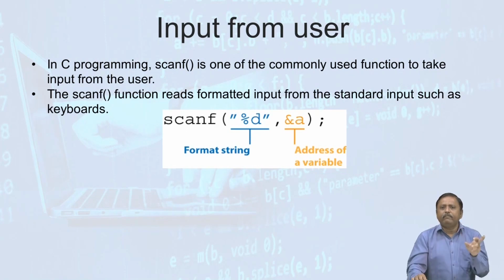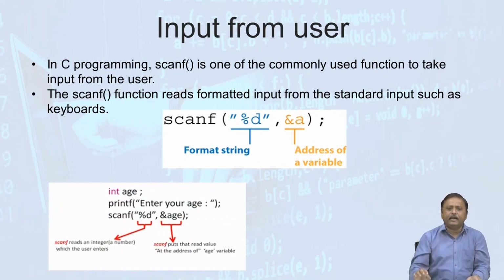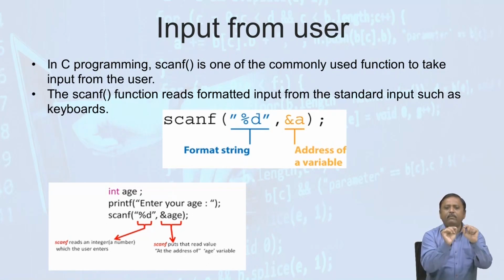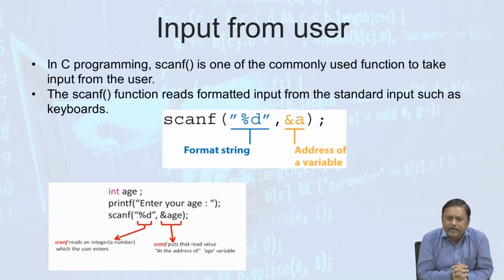It means we want to store the value read from the user at the address of the variable. Now here is an example. Suppose I want to ask age from the user, I print enter your age and then I write scanf %d and ampersand age. Remember, age is of type integer, so here we write d. If it is float, we write %f.